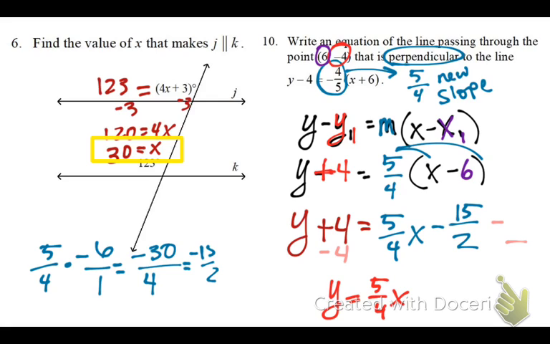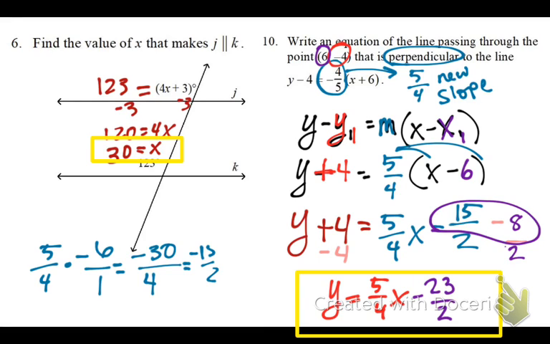Close. 8/2. Again, because what's 8 divided by 2? 4. That's still negative 4 and negative 4. So same thing, we're just making it look different. So we have like denominators, so my answer is going to have 2 in the denominator. Then I'm going to subtract the top. I have minus 15 minus 8, which makes negative 23. And again, you put the negative out in front and not in the fraction.